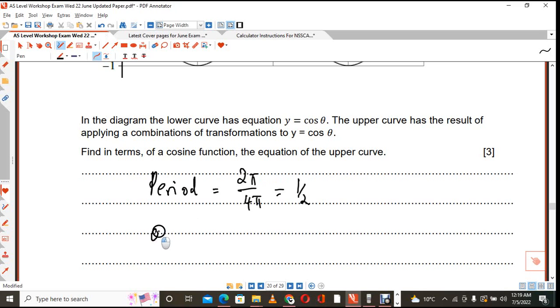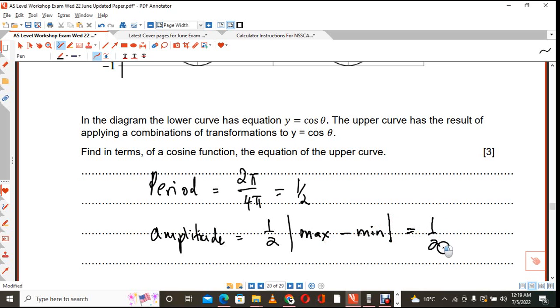The next thing that I want to find is what we refer to as the amplitude. The amplitude is calculated by taking the maximum value minus the minimum value.